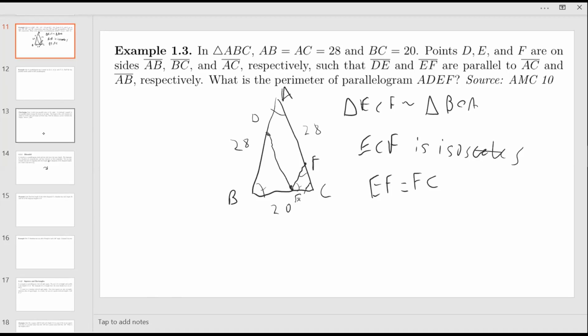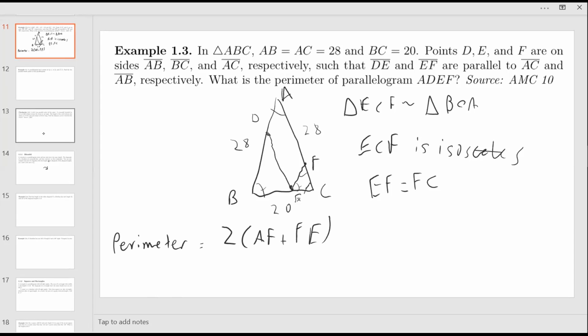So how do we find the perimeter of ADEF? EF is just FC. Since the opposite sides are equal, the perimeter is just equal to 2 times AF plus FE.